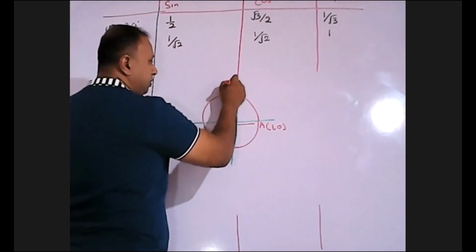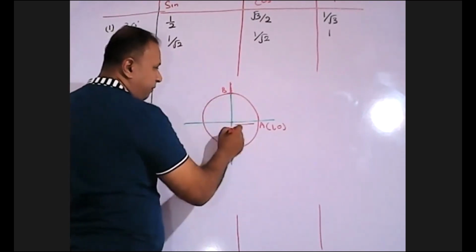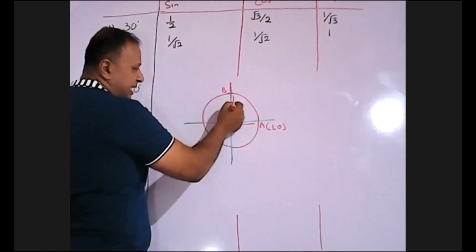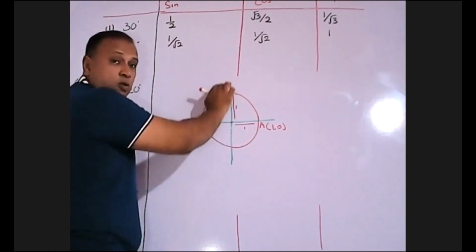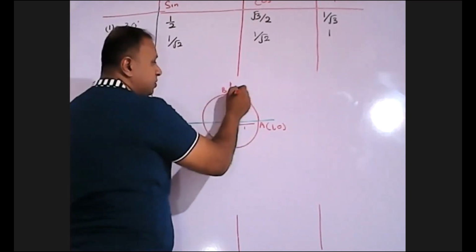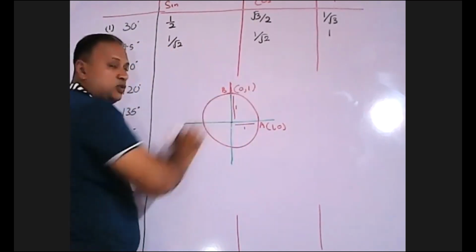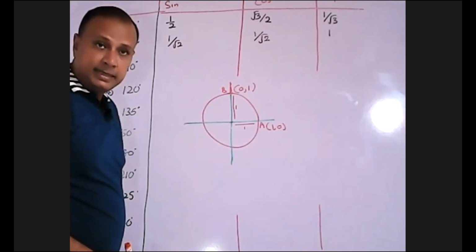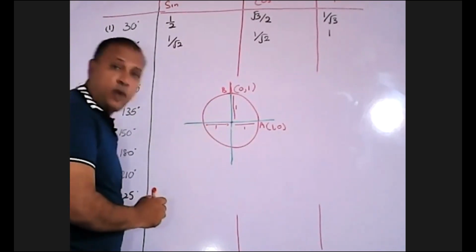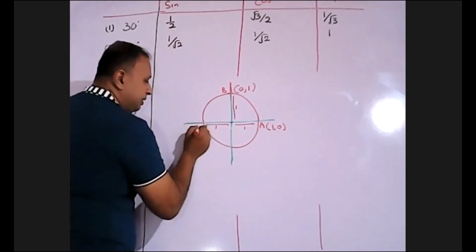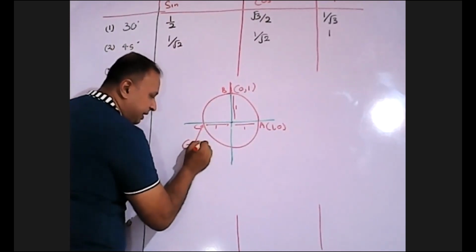Likewise, the coordinate of B. Tell me the coordinate of B. As this is a unit circle, the radius is 1. Therefore, this height is equal to 1. So this coordinate should be 0, 1. The x value is 0, the y value is 1. Then again, the radius is 1 because this is a unit circle, so this coordinate is 0, minus 1.